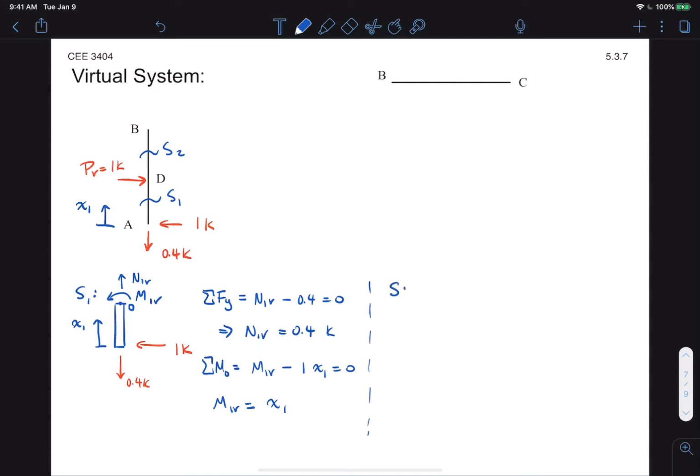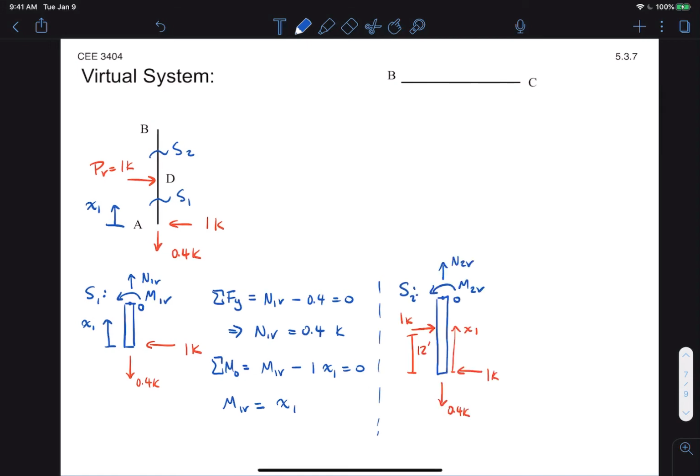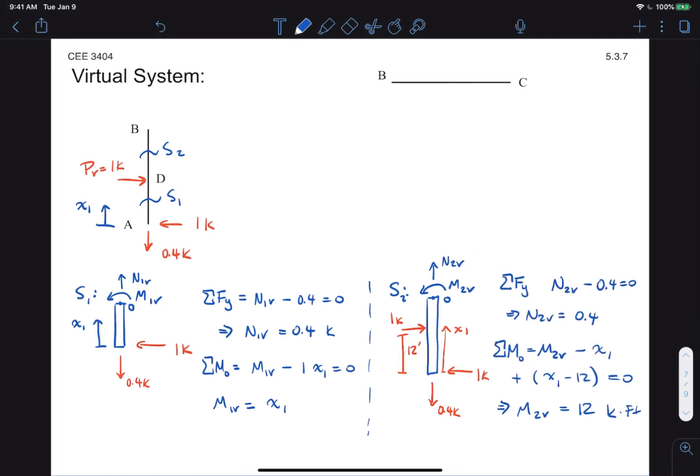For section 2, here's my free body diagram. And the solution to the internal moments and axial forces are 0.4 in tension for the axial force and 12 kip feet for the moment.